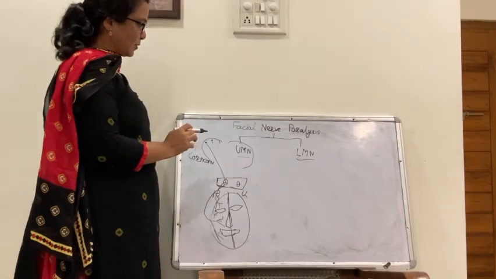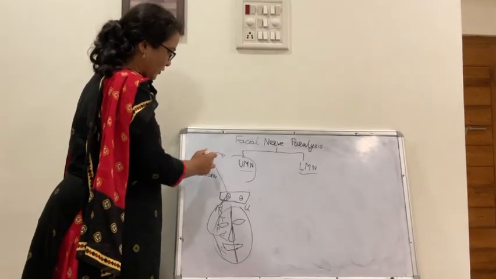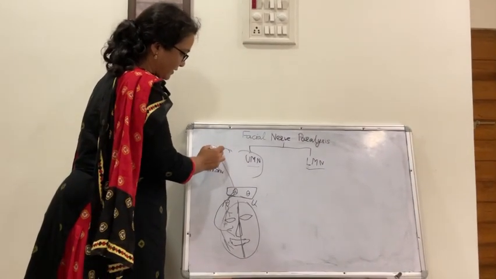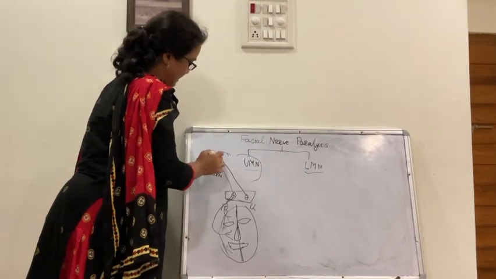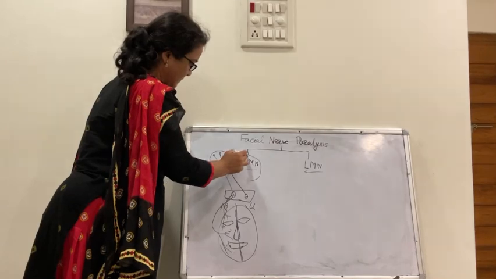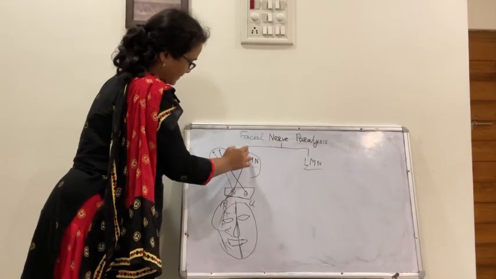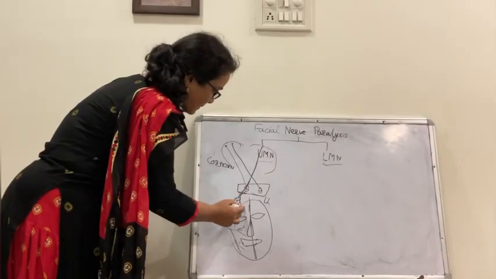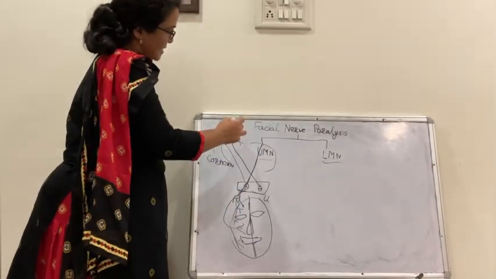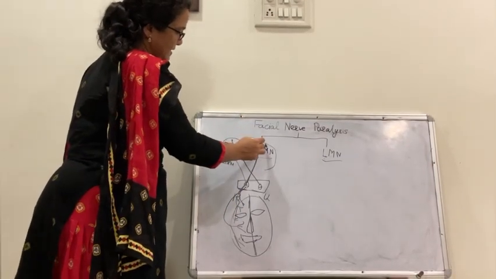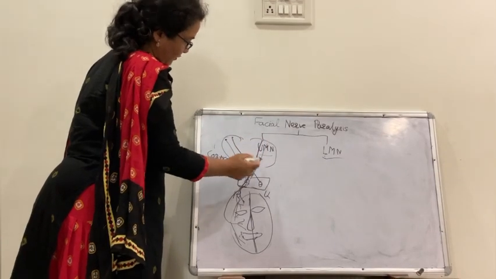What happens in upper motor neuron paralysis? That is the corticonuclear fibers. These corticonuclear fibers will cross and control the opposite side, on the upper part of the face, means frontalis and orbicularis oculi. Suppose there is an injury to the upper motor neuron, what happens?